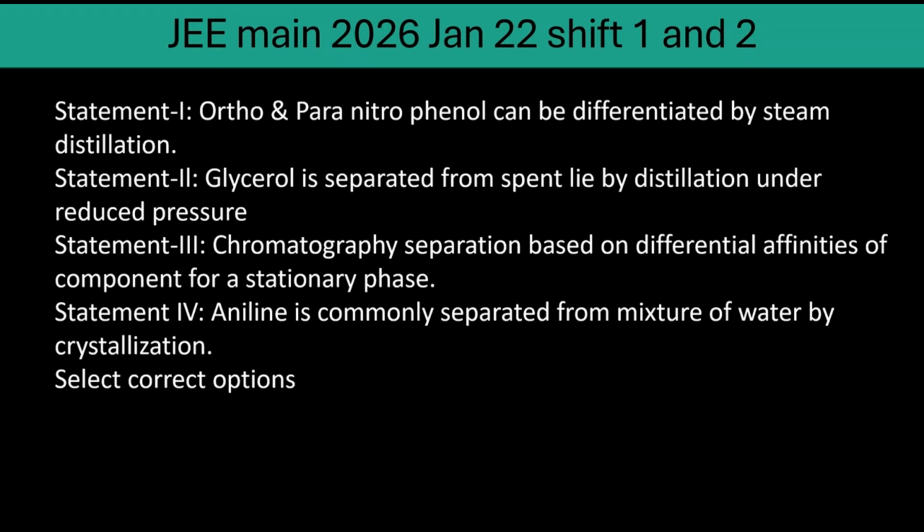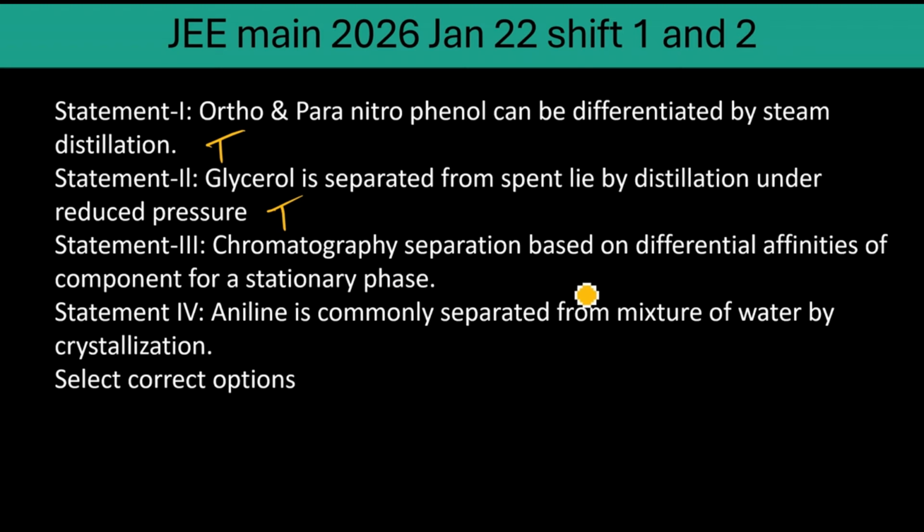So this can be differentiated by steam distillation. So this is true. And statement 2 says glycerol is separated from spent lye by distillation under reduced pressure. Glycerol has a high boiling point, so vacuum distillation is used. That is also right, under reduced pressure.